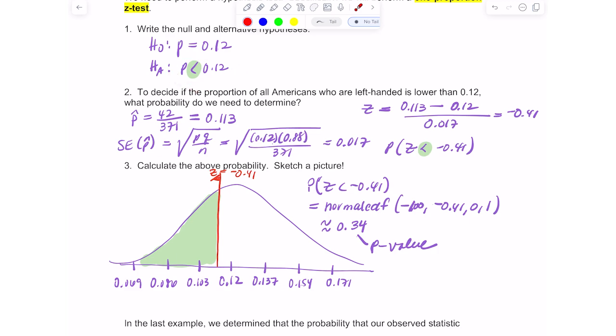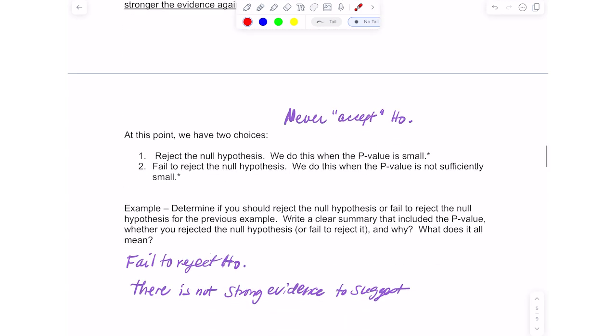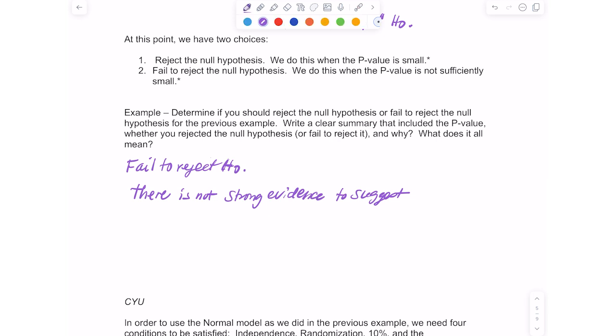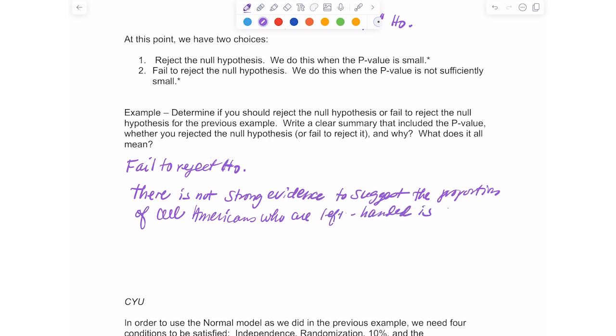So we don't have enough evidence to suggest that. There's not strong evidence to suggest the proportion of all Americans who are left-handed is less than 12%.